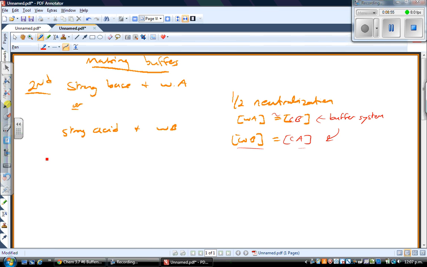So for example, if you take ethanoic acid and you add some sodium hydroxide to it, the sodium hydroxide at half neutralization will produce sodium ethanoate, which will dissolve in your water, plus H2O.